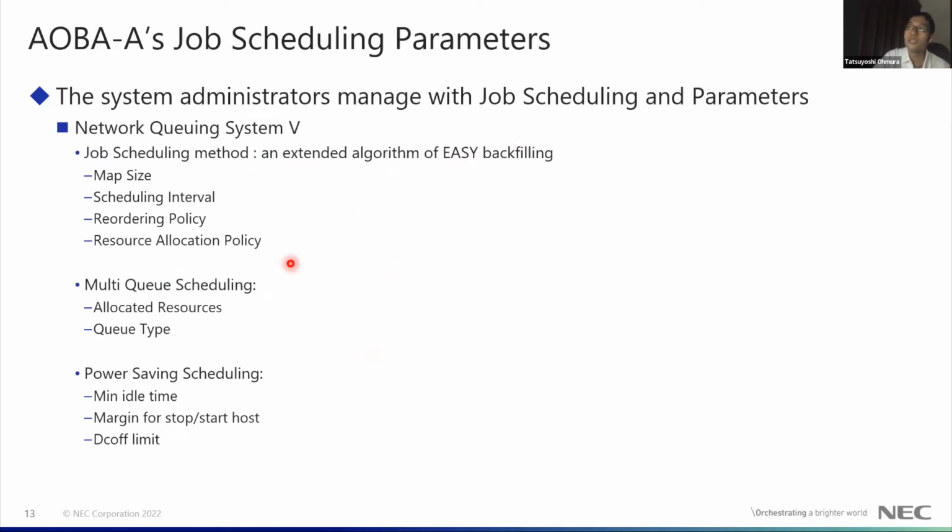AOBA uses an NEC proprietary job scheduler named Network Queuing System V. There are some parameters used in AOBA's operation. You can see that there are a lot of parameters. The system administrator determines most of these parameters at the time of system design.